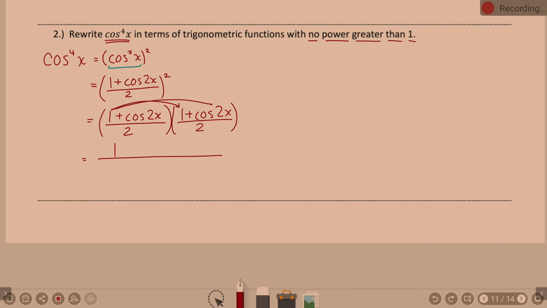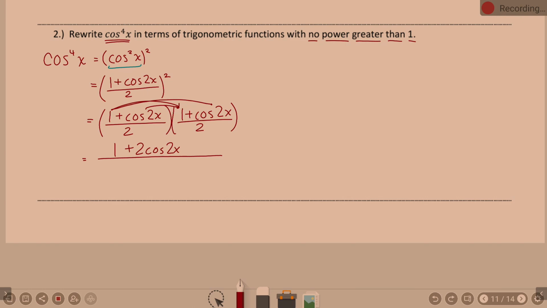Cosine 2x times 1, which is cosine 2x. So I have 1 cosine 2x plus 1 cosine 2x, which is 2 cosine 2x. That's your outsides and insides.